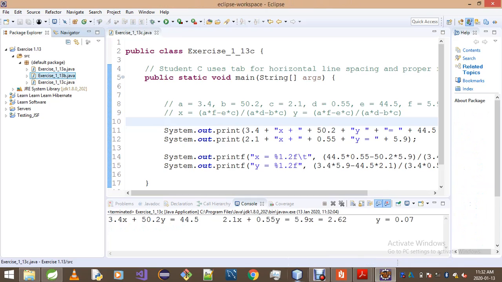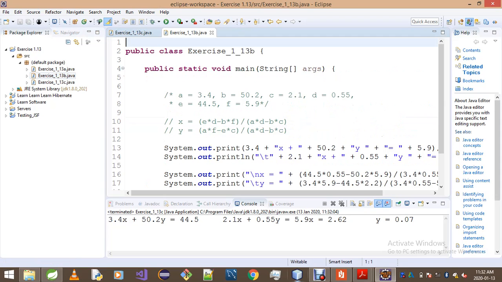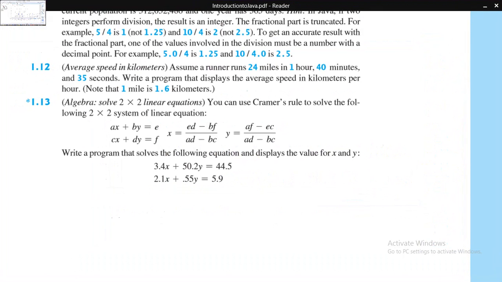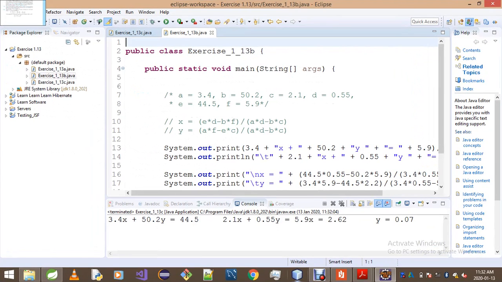Okay, let's see what we had from student B, I mean. Because I want to check how. So we have 3.4x, okay, and I'm actually checking out my equations whether I wrote them correctly.